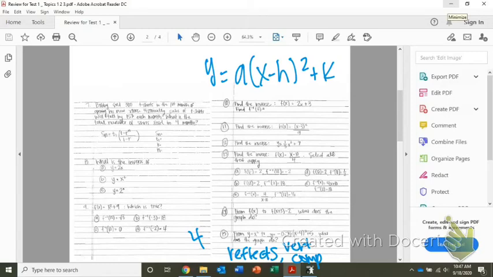Okay? Then it says x minus 4 squared. Just our h value is a positive 4. So we are going to the right 4. And then we have a positive 5 on the outside. So that means we go up 5.